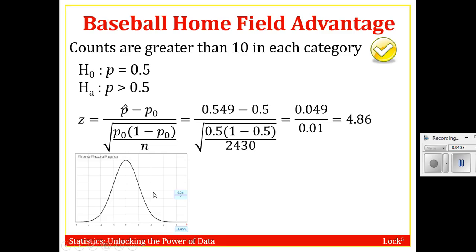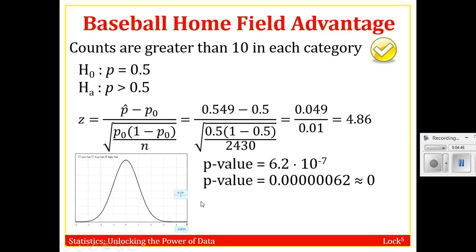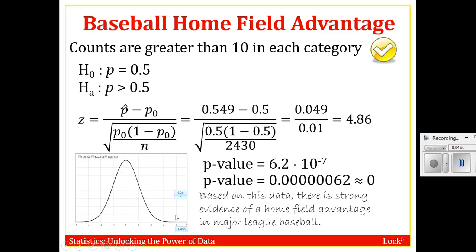So it's going to be 0.000000062, which is extremely small, really close to 0. So we would make this conclusion that there is strong evidence that home field advantage is a situation in Major League Baseball.